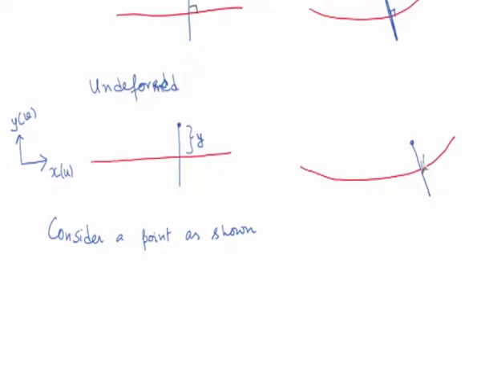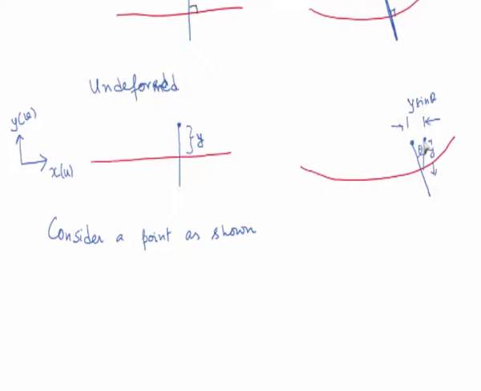So this angle is theta, and originally this point was just y ahead of the neutral axis. So this distance is y, right? Therefore this distance turns out to be y sin theta. In other words, from its reference configuration to the deformed configuration, the point has moved horizontally by a distance y sin theta.